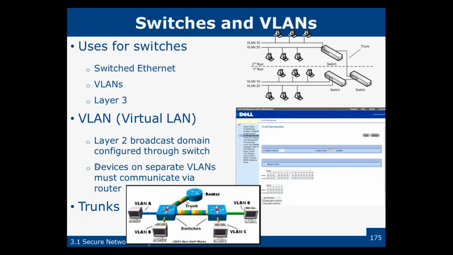In order to do that, we have this thing called a trunk port that takes traffic from any of the VLANs. So we have here VLAN 10 and VLAN 20. If I were going from a machine on 20 to a machine on 20, I go in here, go into the trunk, and when it gets in the trunk, it's going to be tagged as VLAN 20.